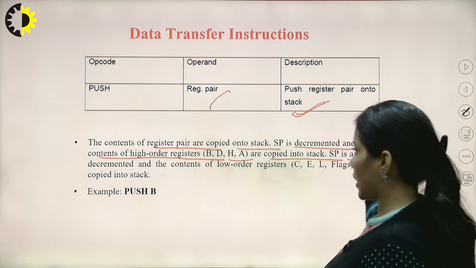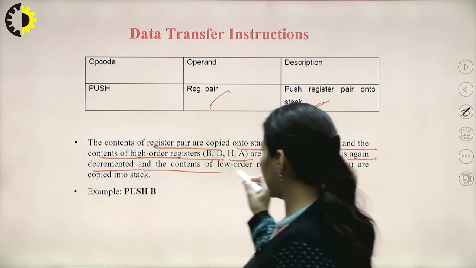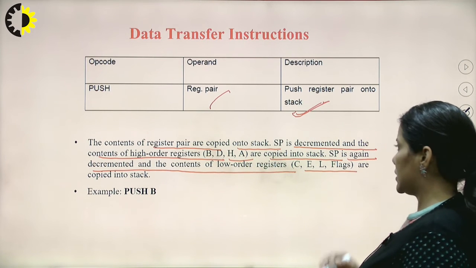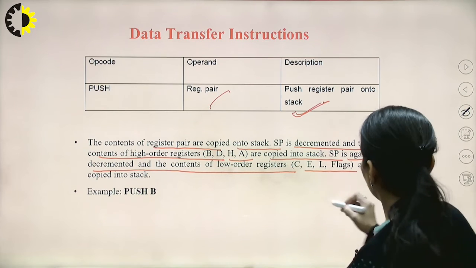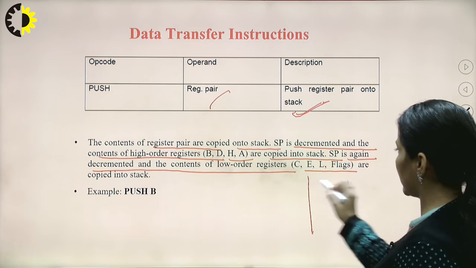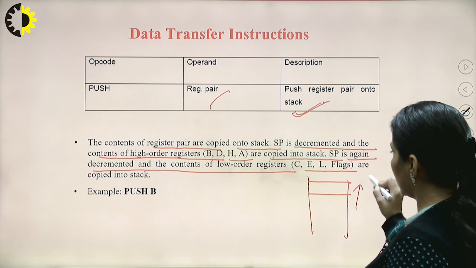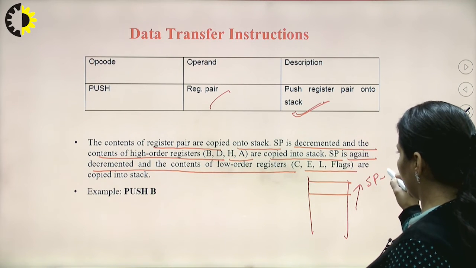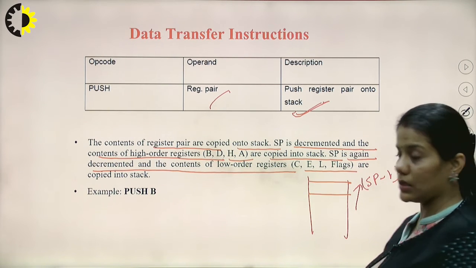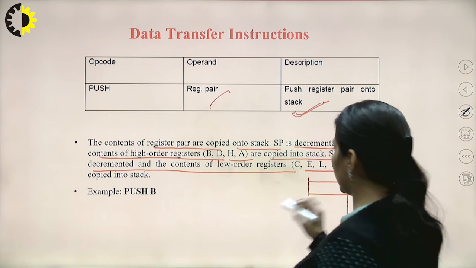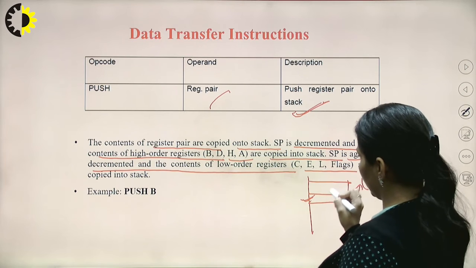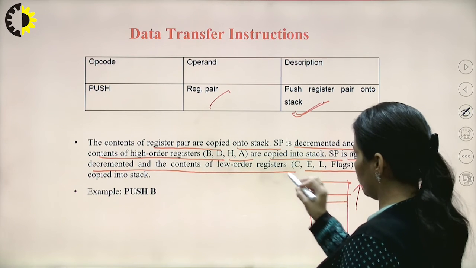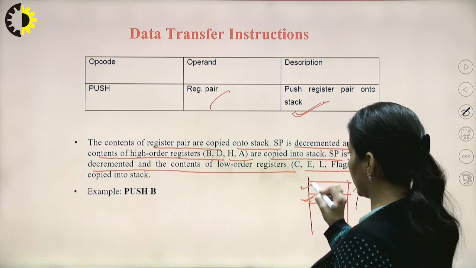So SP is again decremented and the contents of the lower order registers C, E, L and flags are copied into the stack. As you know from studying the stack, as we go higher in the stack, the stack pointer value decreases. So the higher order contents are at the lower address and in the next location the low order contents are stored.